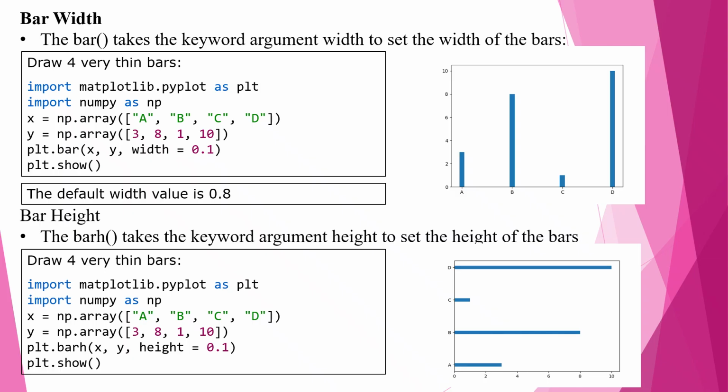Similarly, for horizontal bar charts created using barh, the height parameter controls the thickness of the bars. Reducing the height value makes the bars thinner in the vertical direction. These adjustments are useful when customizing the appearance of the chart or when displaying multiple bars in limited space to improve clarity.